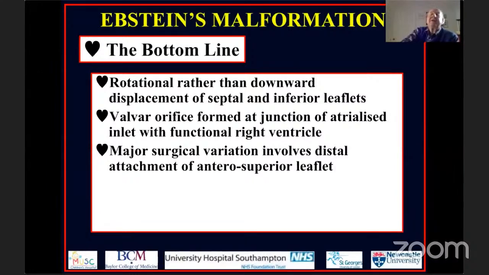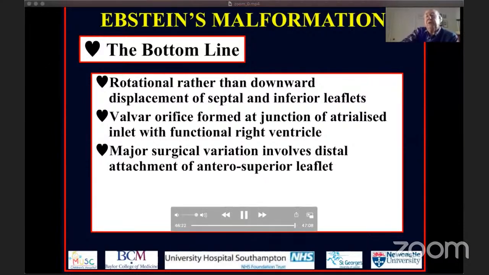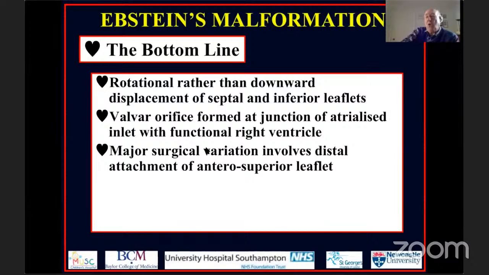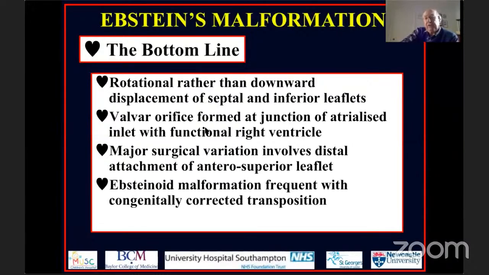For those of you who are assessing patients for surgical correction, you must look at those attachments of the abnormal anterosuperior leaflet and its relationship between the inferior and the septal leaflets, because nowadays the surgeons are going to want to liberate these leaflets from the ventricular muscle to turn them into a cone of valvar tissue and to reattach that cone at the level of the atrioventricular junction.